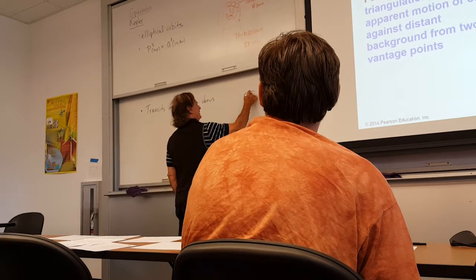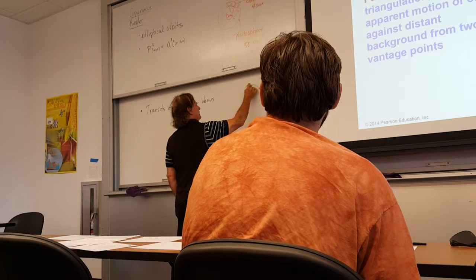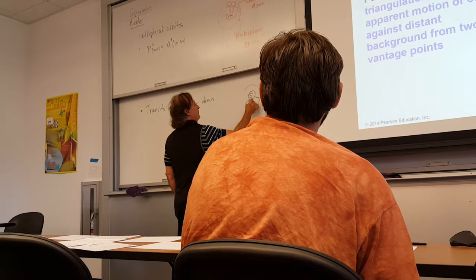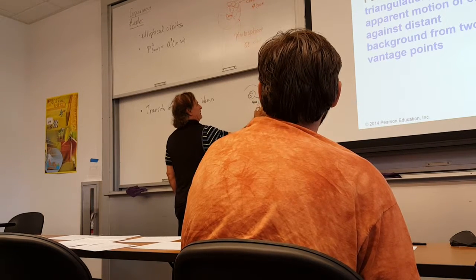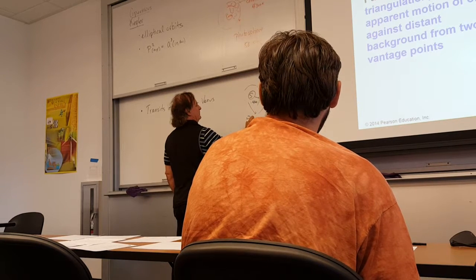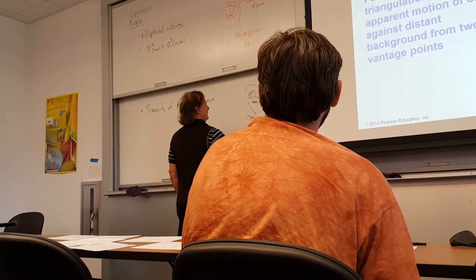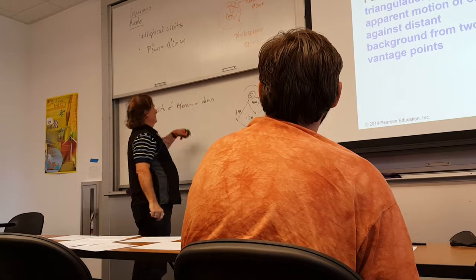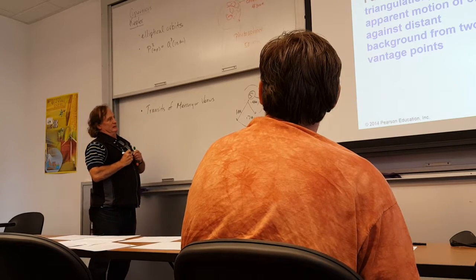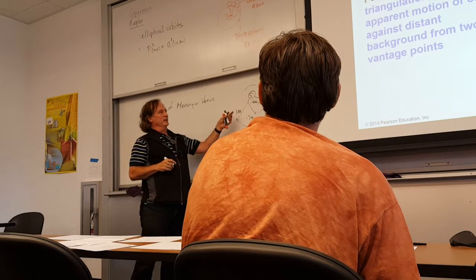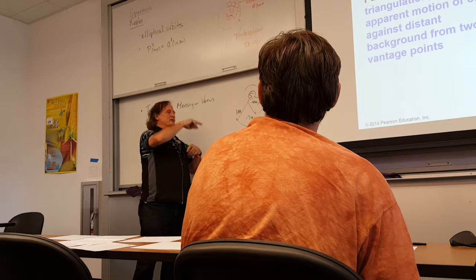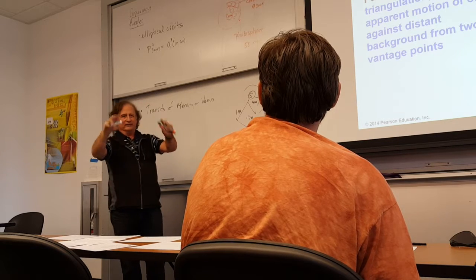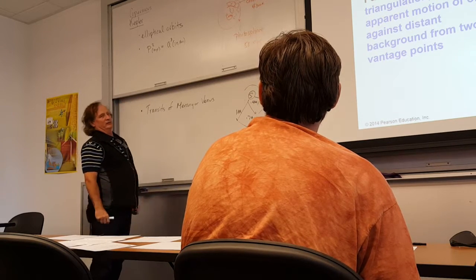The sun is at the center, and we have Mercury going around, and Venus going around. Mercury is about 0.4 AU, Venus is about 0.7 AU, and then Earth is out here at 1 AU. The transit of Mercury or Venus takes place when Mercury or Venus, respectively, interposes its disk on top of the disk of the sun, and you can see its position.